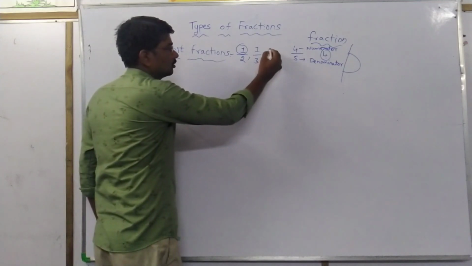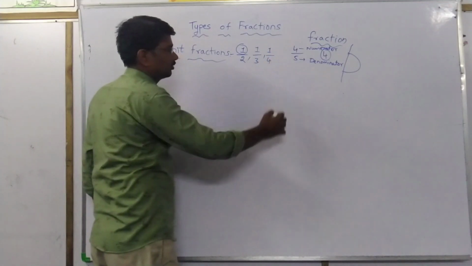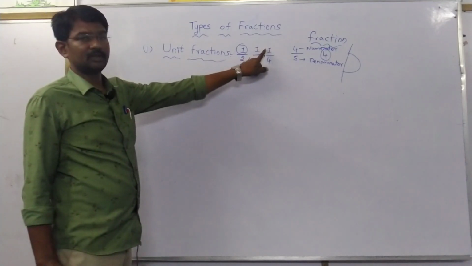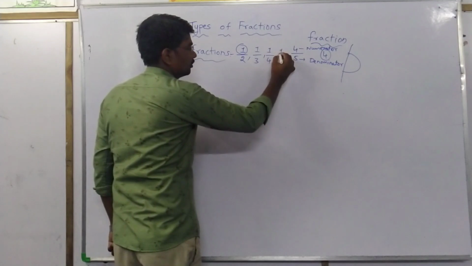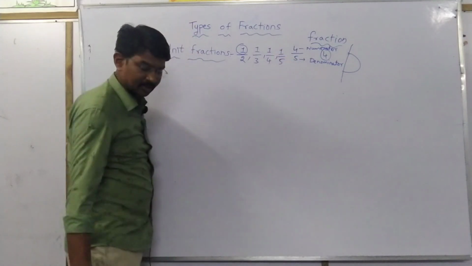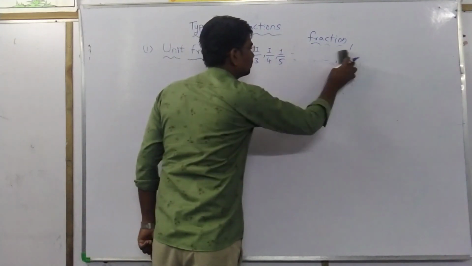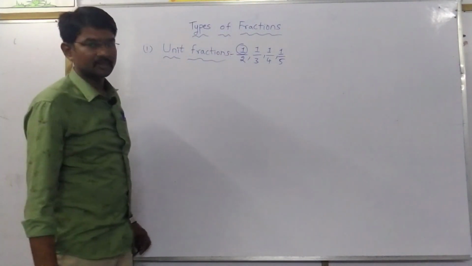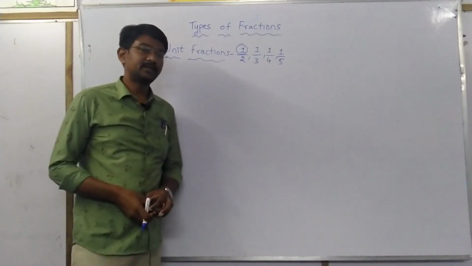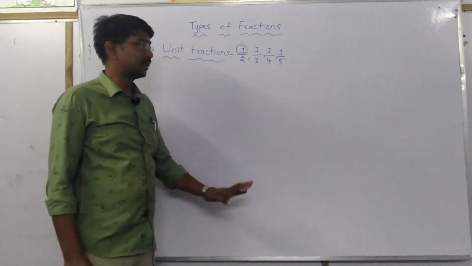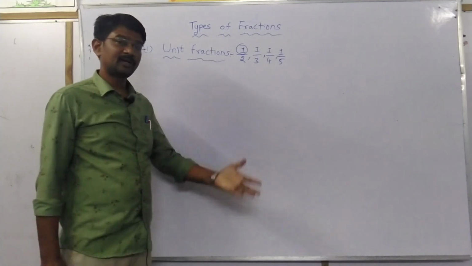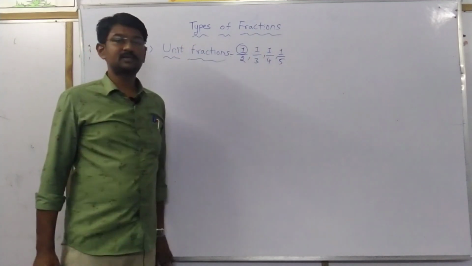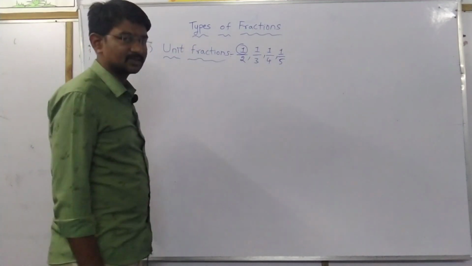Next example, 1 by 4, also a unit fraction. Next 1 by 5, 1 by 6, 1 by 7, 1 by 8, 1 by 9, 1 by 10, 1 by 100, 1 by 1 lakh. Only numerator 1 matters in the case of unit fractions.